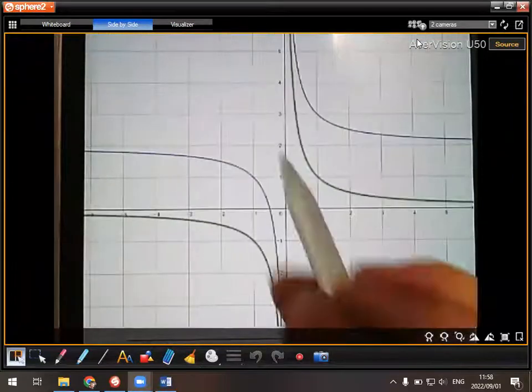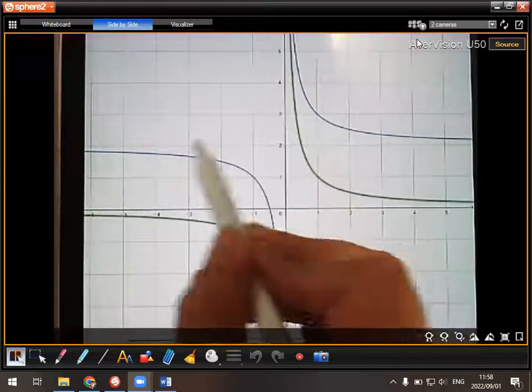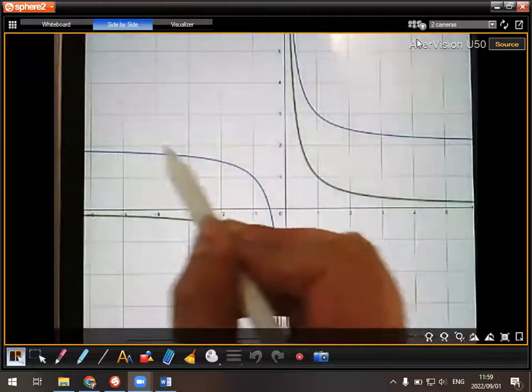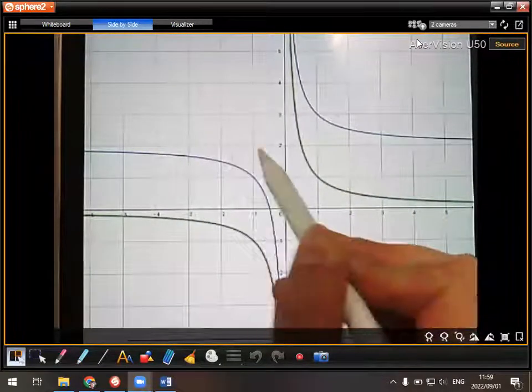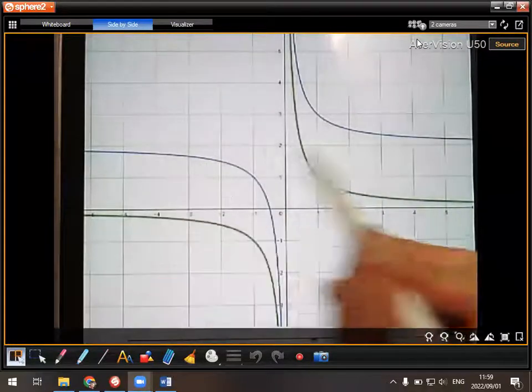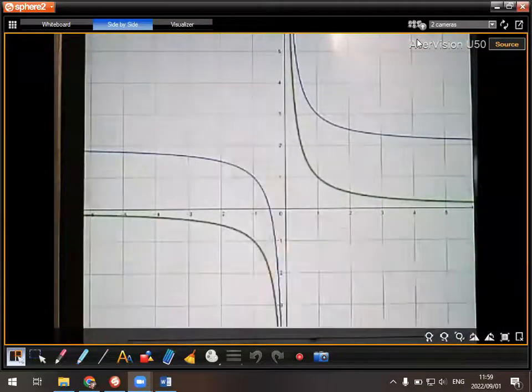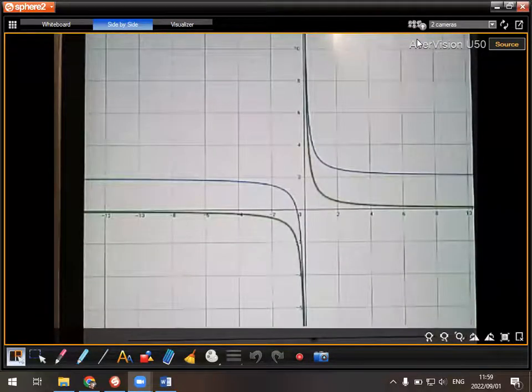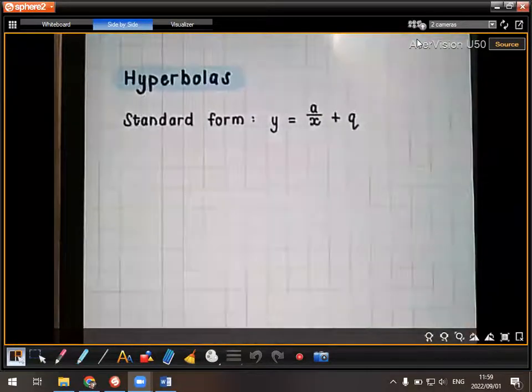Remember, guys, I could draw a dotted line in there, and that's actually what we're going to do. That line there would be y equals 2 because it's cutting the y-axis at 2. So what happens with a hyperbola is that your q value is always going to be the y value of your horizontal asymptote.